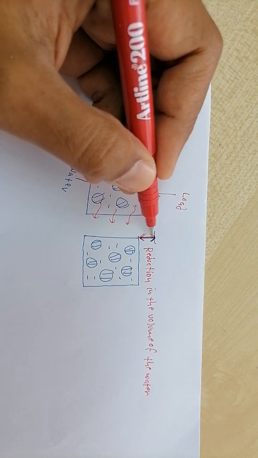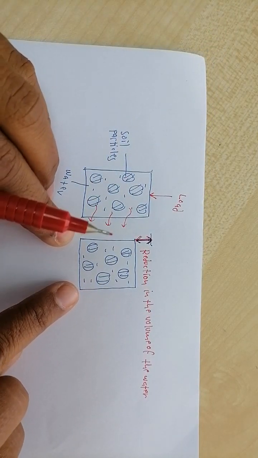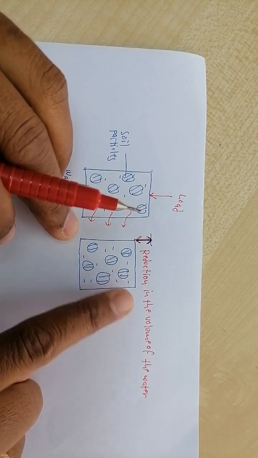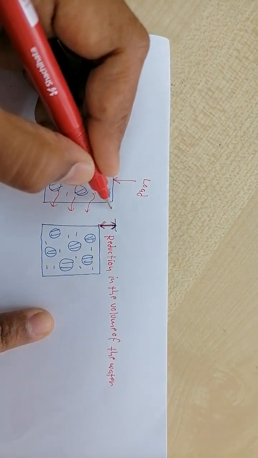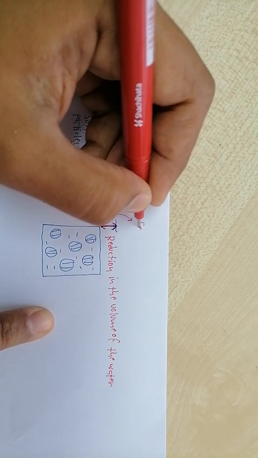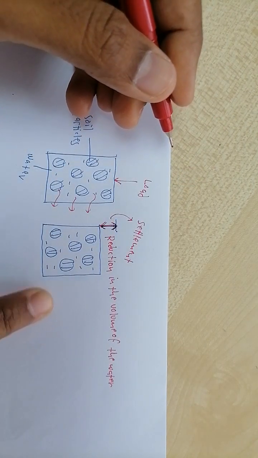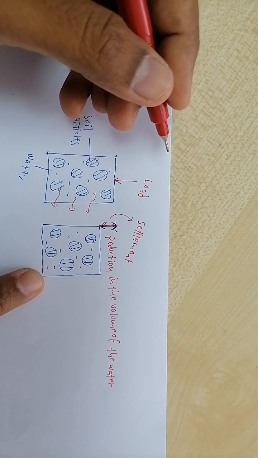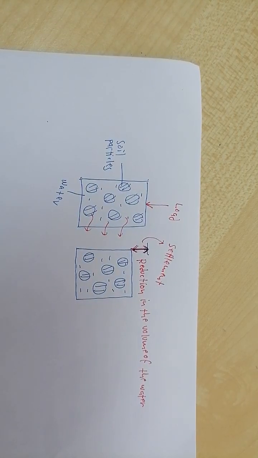So akan berlaku reduction in the volume of the specimen because of the reduction in the volume of water. This part we call settlement, settlement of the soil specimen. That is basically the consolidation theory.